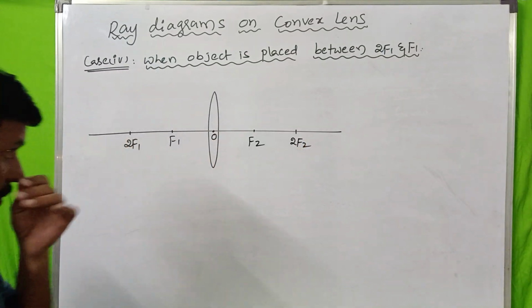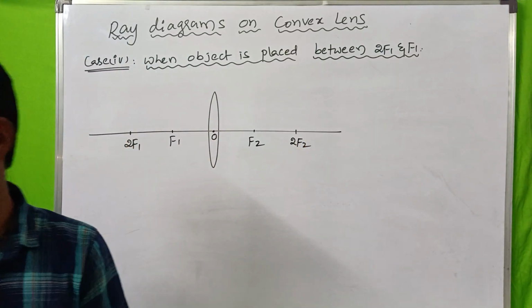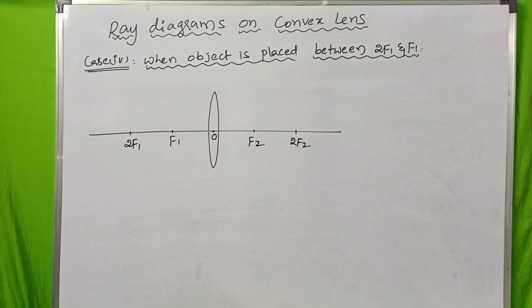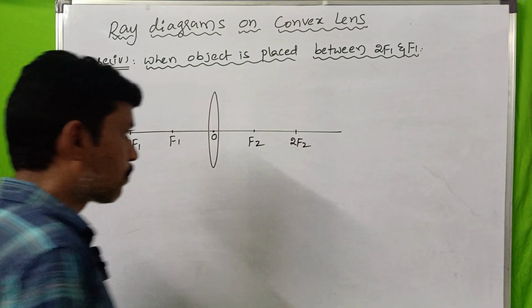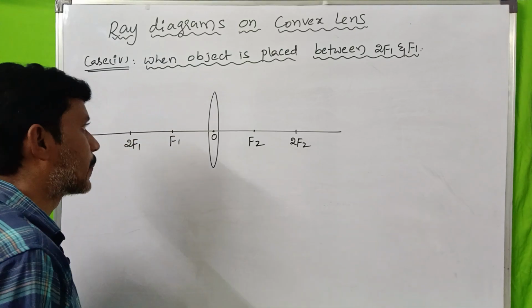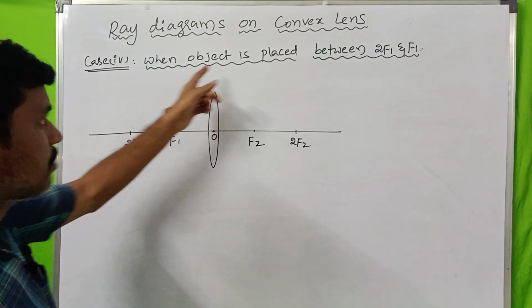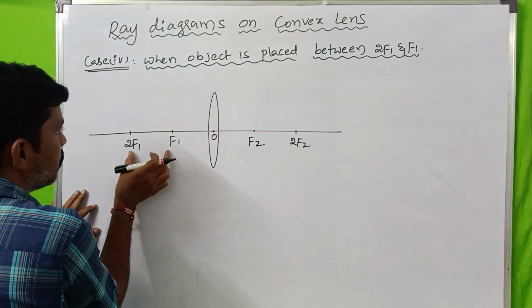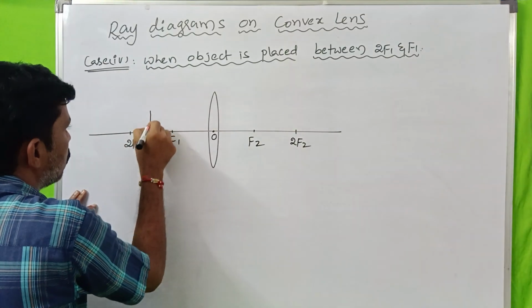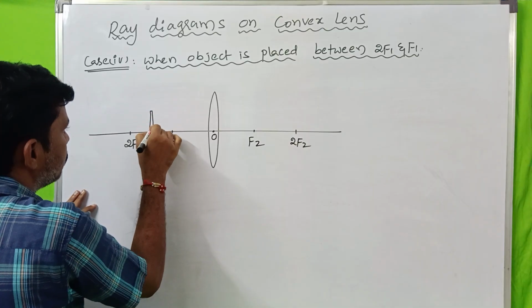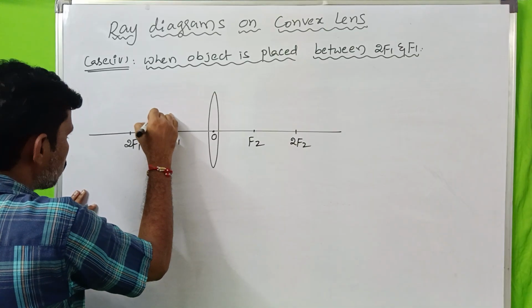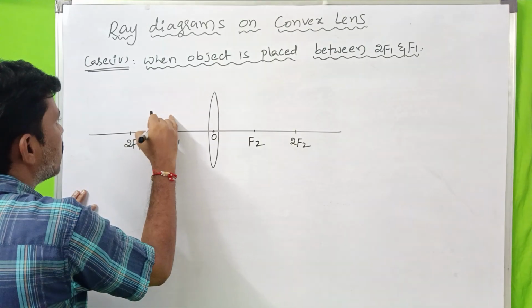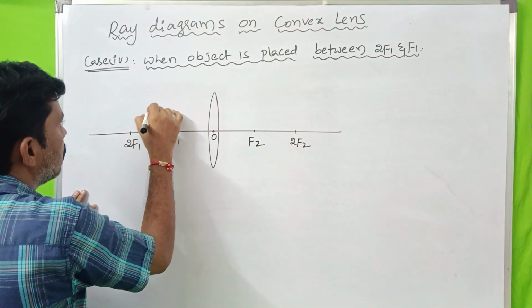When the object is placed between 2f1 and f1, let us take this as the object.